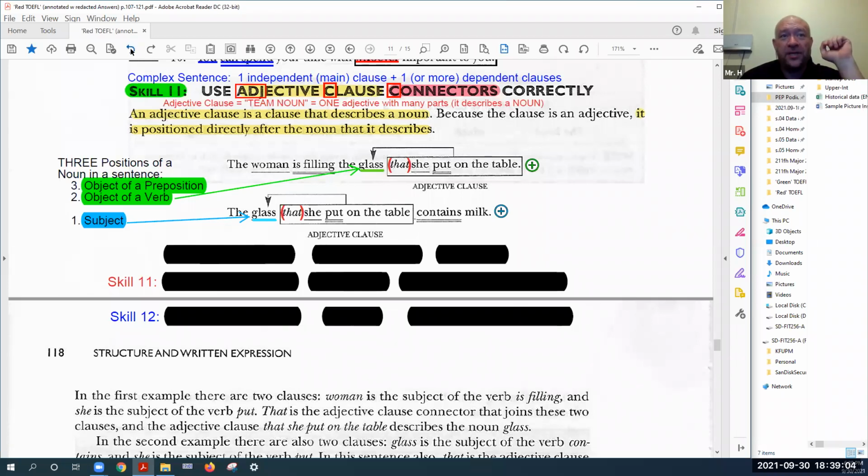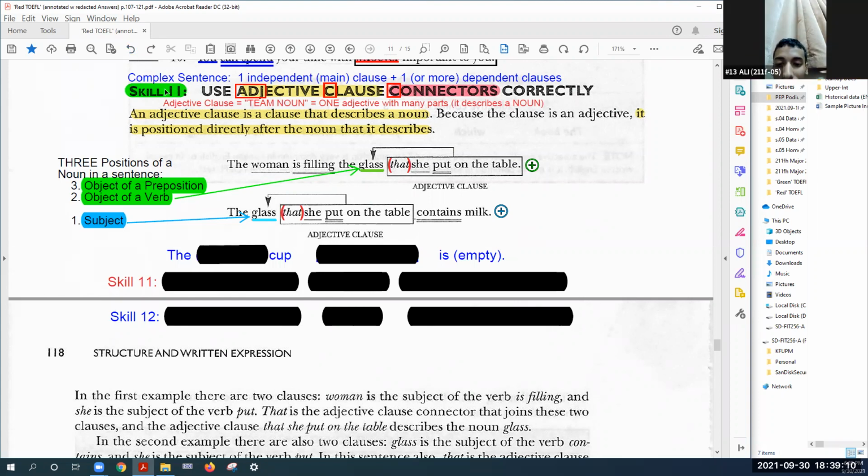I want you to read this example. The cup is empty. Can you see? Look at my camera. What do you see? Cup. How many? 2. All right.